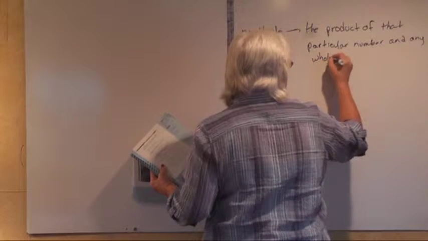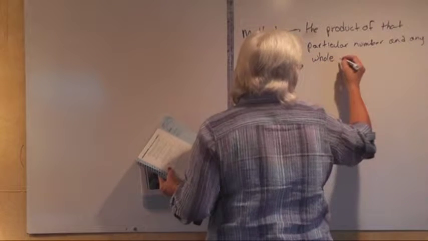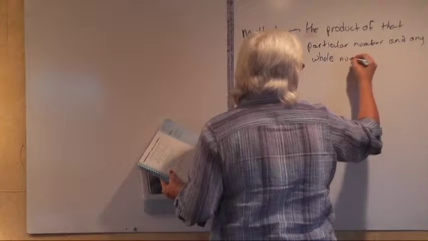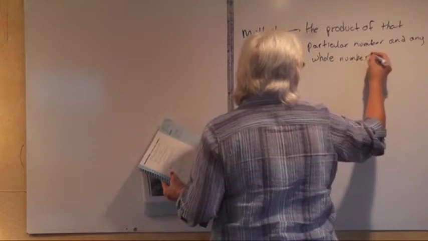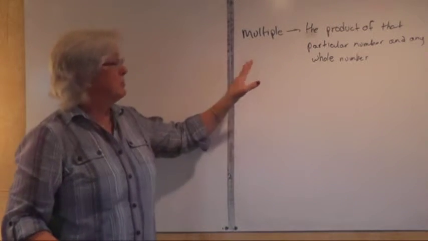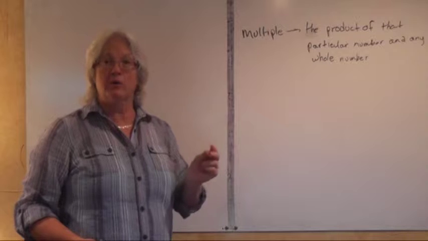Remember, whole numbers 1, 2, 3, 4, 5, 6, 7, 8, 9, 10. Also 0, but we're not going to consider 0 when we're talking about multiples of a number. So a multiple is the product of that number and any whole number.